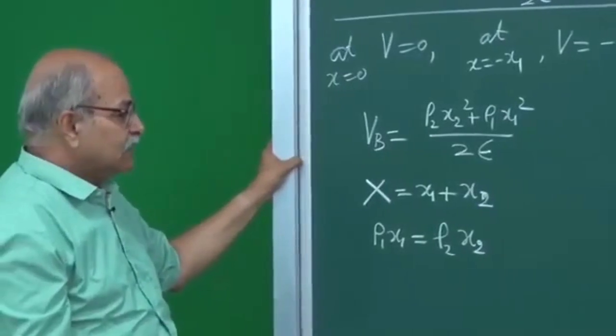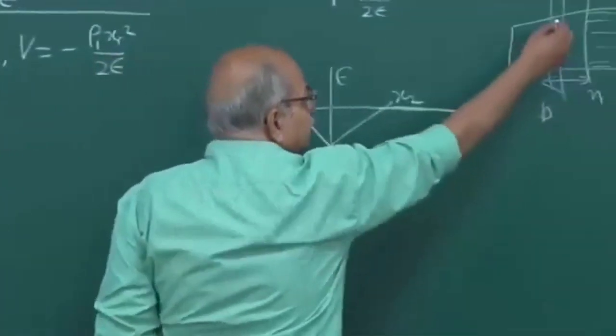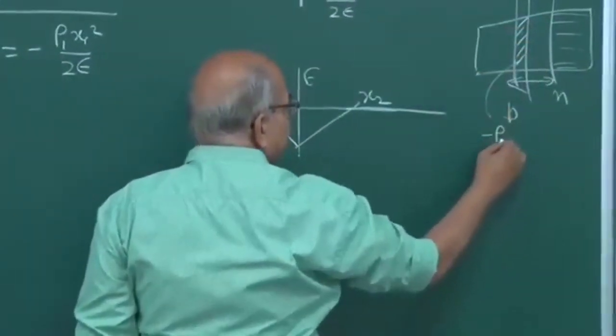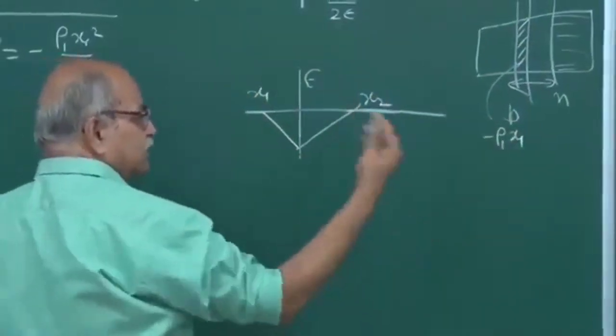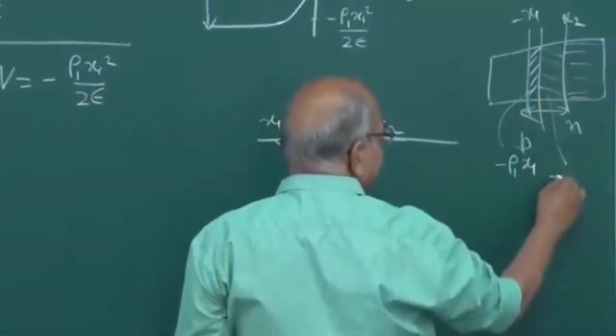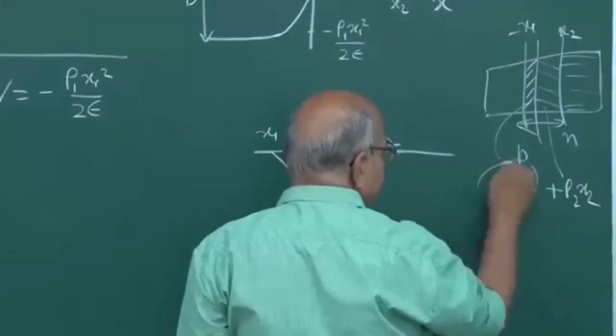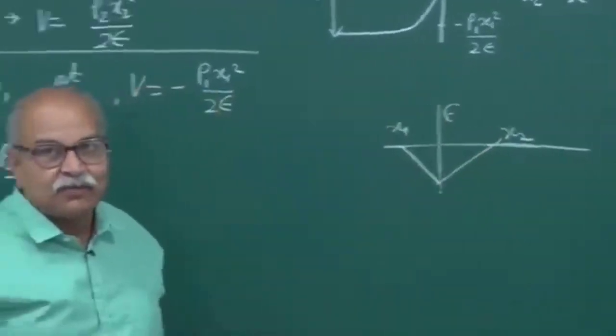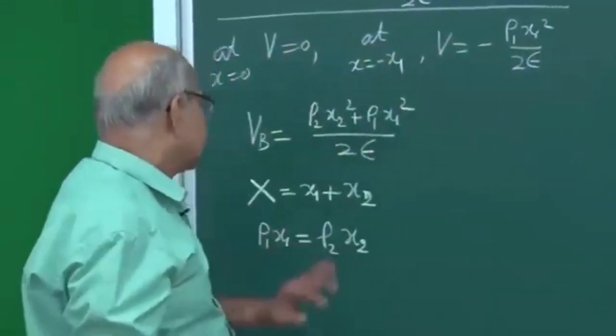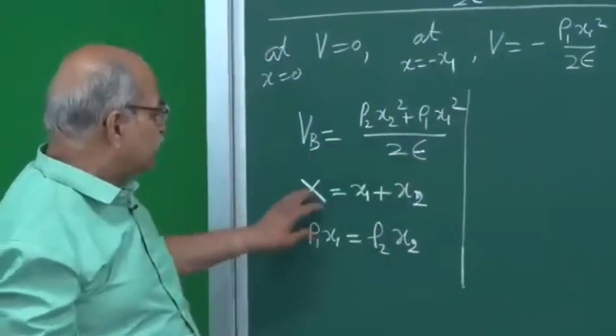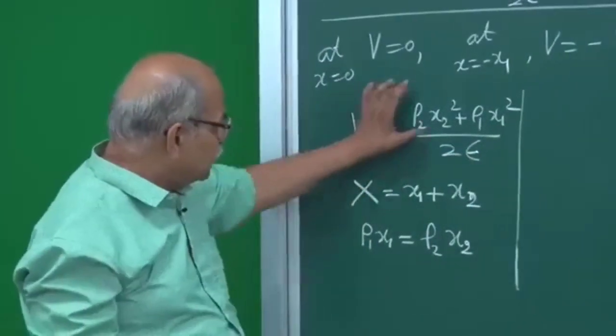Charge neutrality: rho 1 x1 should be equal to rho 2 x2, because the charge here is minus rho 1 times x1 times the area of cross section, and the charge here will be plus rho 2 x2. And since this total should be 0, after all we have not put any charge in this material, we have this relation.